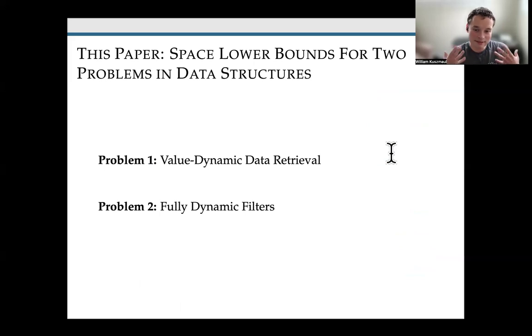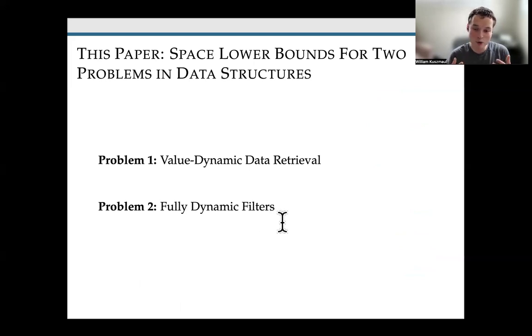Okay, so that was the very high-level overview of the proof approach that we take to get our lower bound for the value dynamic data retrieval problem. And so what I want to do in the rest of the talk is I also want to tell you about the second problem that we study in the paper, the problem of fully dynamic filters.